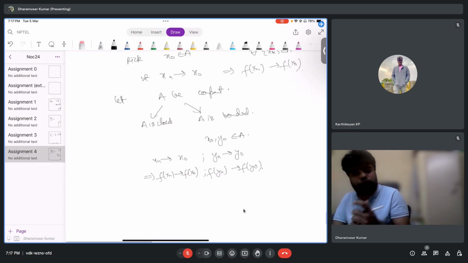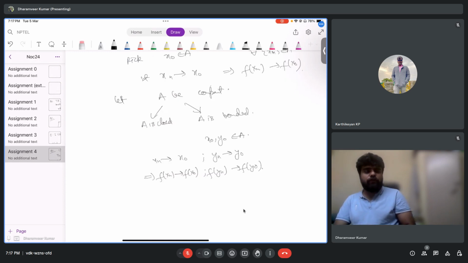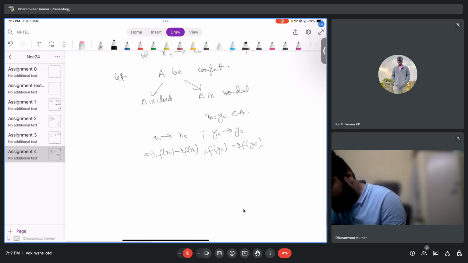And then we have to show that it is always uniformly continuous. So now I pick one epsilon.